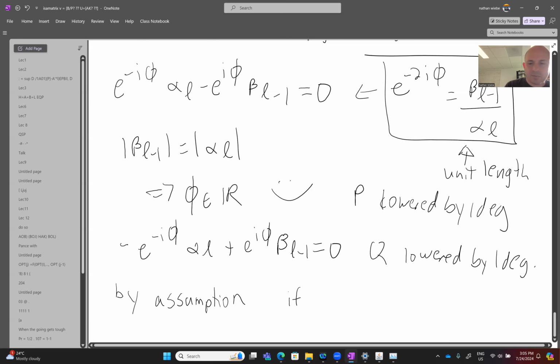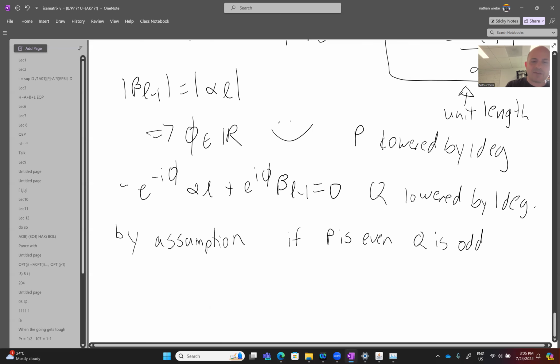If p is even, q is odd, and thus the lowered polynomials are of definite parity, and p, q are opposite.